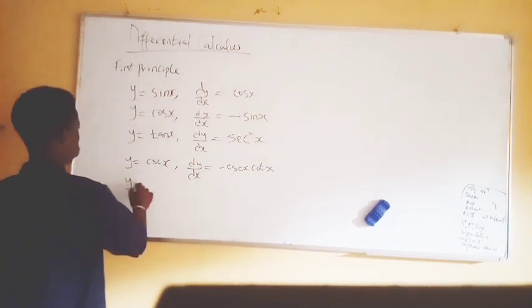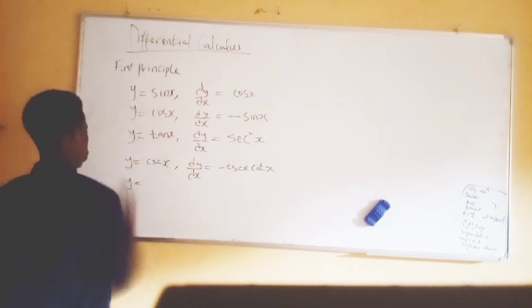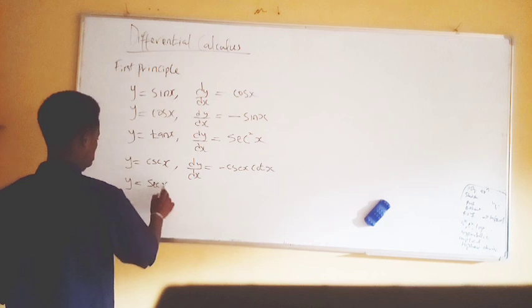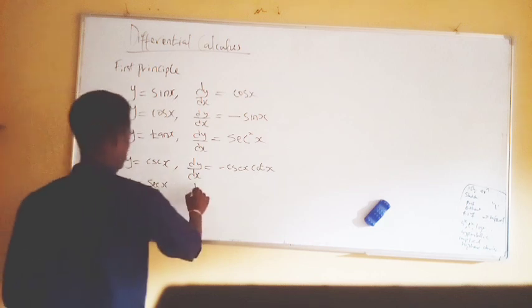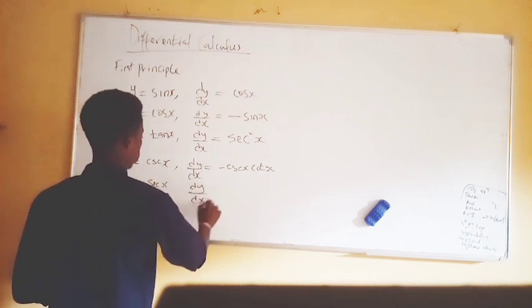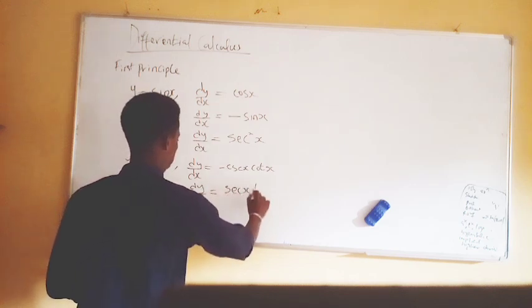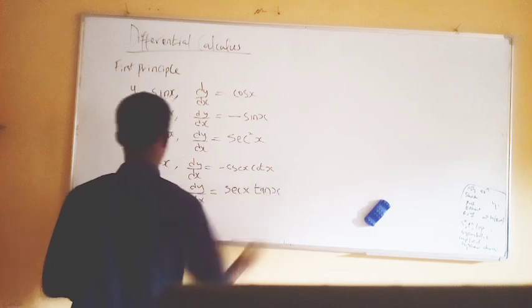If y is equal to the inverse of cos x, the secant of x, dy/dx becomes sec x multiplied by tan x.